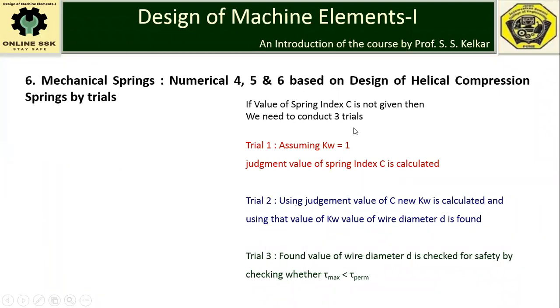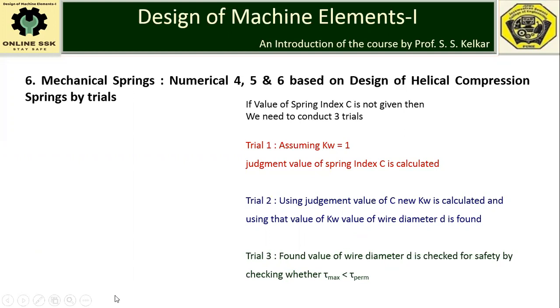Now we know that whenever we are not aware of the spring index, we need to conduct three trials. While designing the spring, that means while finding out the wire diameter for the spring, based upon which the rest of the parameters of the spring will be decided, if we do not know the value of spring index C, then for finding out wire diameter d we need to conduct three trials.